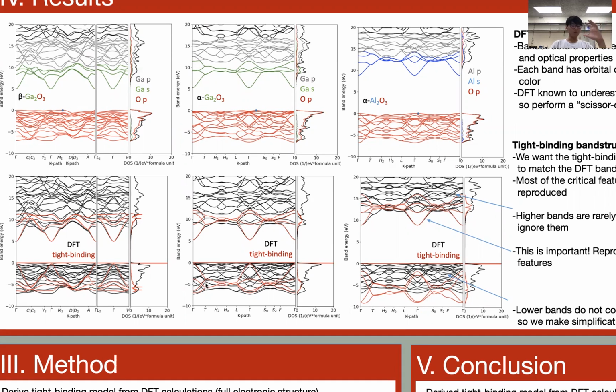So we also throw them away. Now, near the edge of the lower band and upper band, these are very important to the major electrical and optical processes. So we want to make them as close to the DFT band structure as possible. And as you can see, we did a pretty good job at mimicking most of the features here.